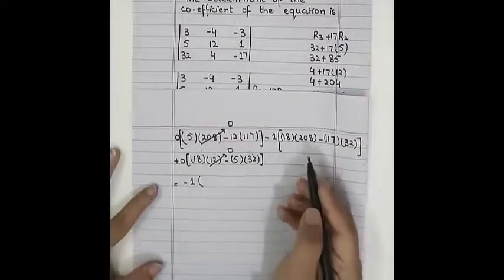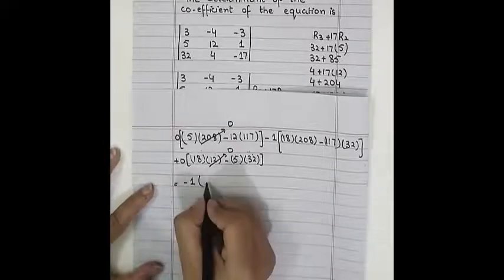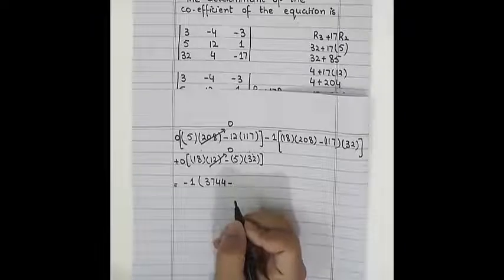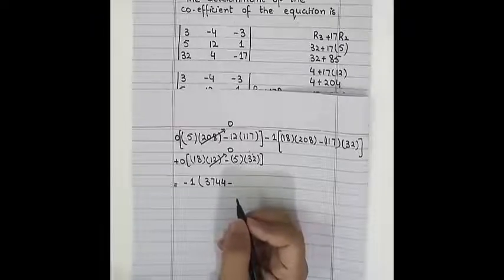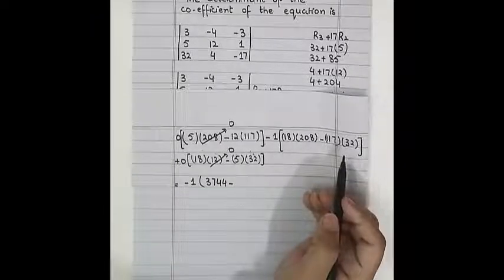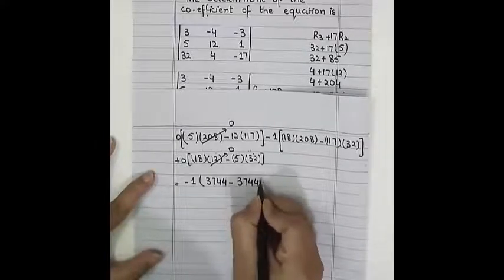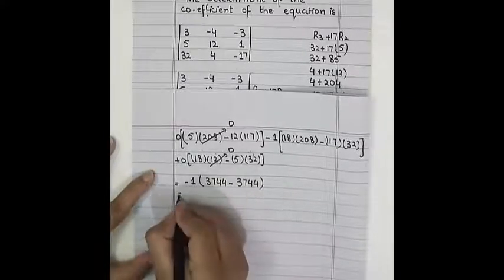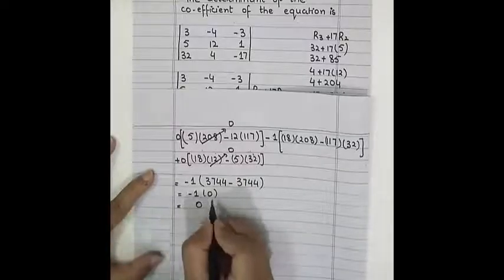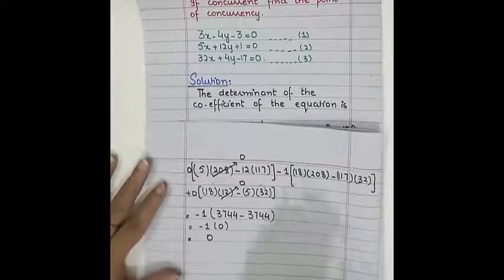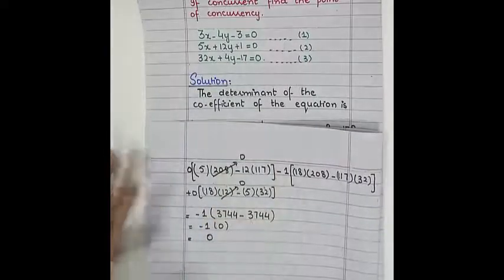So 18 multiplied by 208 is 3744 minus, next we have 117 multiplied by 32, which is the same, 3744. So this is 0, and minus 1 times 0 is 0. So it means that these three lines are concurrent.